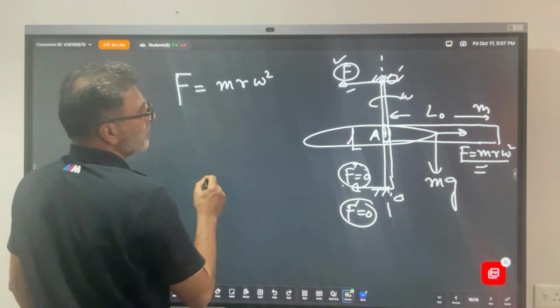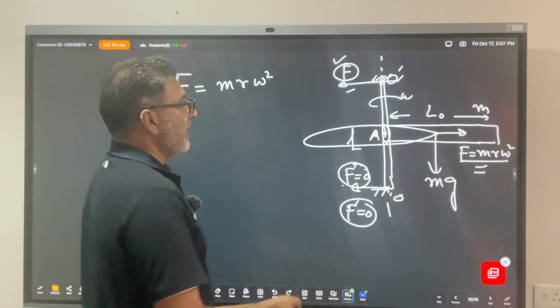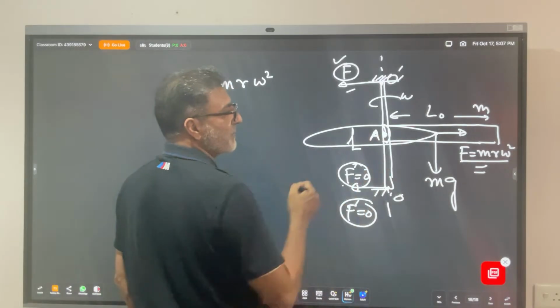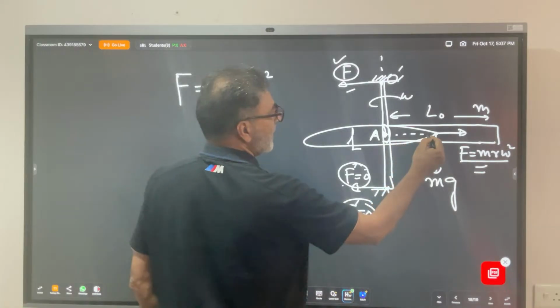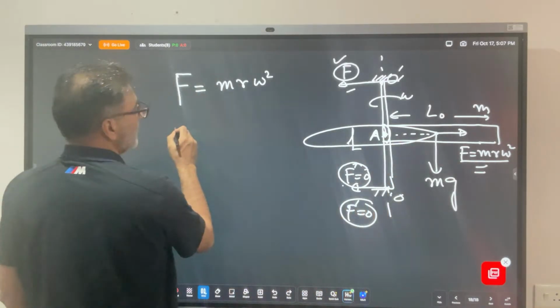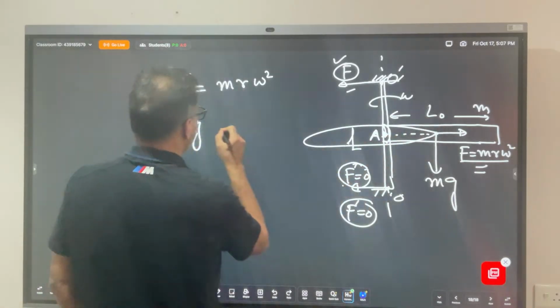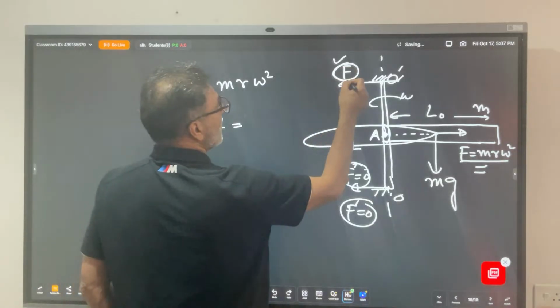The second equation I will write is that the torque must be balanced about this O, because this point is fixed. So the torque about this point must be 0. What is the torque produced by this mg about this A? That is mg L0 by 2. This torque should be balanced by the torque due to this force.